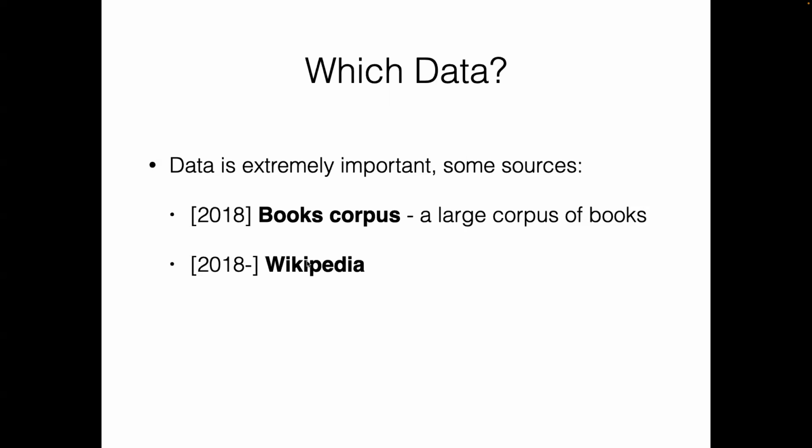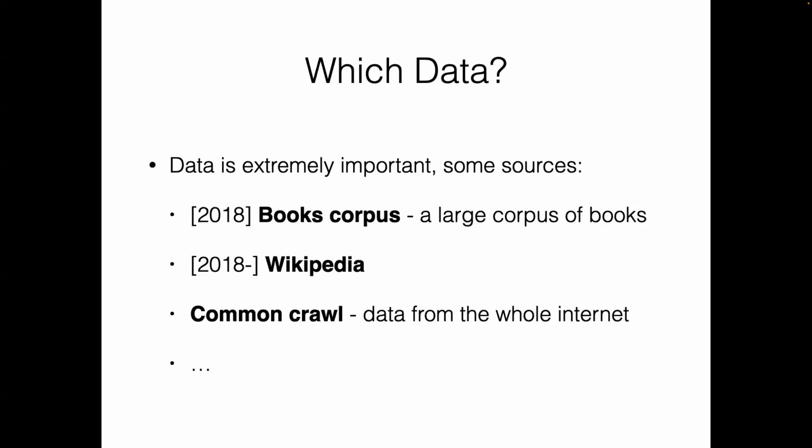Also Wikipedia. It turns out that people still incorporate Wikipedia into their pre-training data. But one thing that's become really popular, and we'll talk about how you do this in the lecture, is to use data from the web. So to take a massive scrape of the web, and then try to turn it into pre-training data.